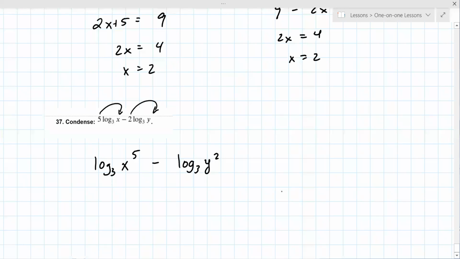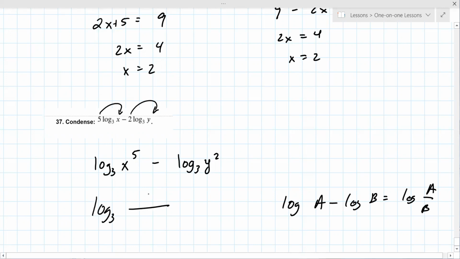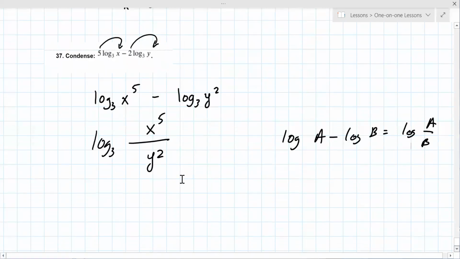And then the next step, you're using log A minus log B equals log A over B. So this becomes a single log. Because the first one is positive, it goes in the top. Because the second one is negative, it goes in the bottom. Oh, they're the powers. Okay. Yes, y squared. That's relatively simple. Let's go on to number 38.